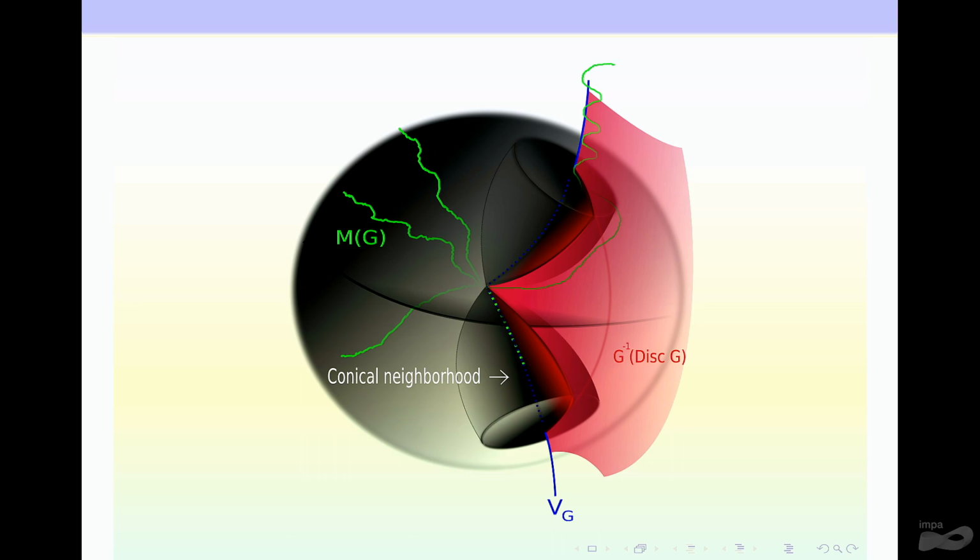That's the pre-image. Here we are looking at an epsilon ball for epsilon small enough. In this red set here is supposed to be the pre-image of the discriminant set. It may intersect.